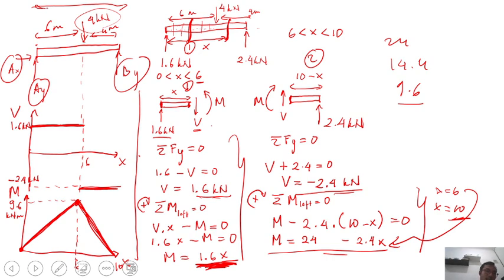So if you see the shear force distribution and moment distribution here, for example, if I want to see the shear force at this particular point, what I can do is just draw the dotted line like this.